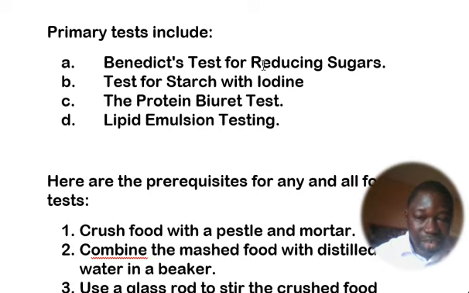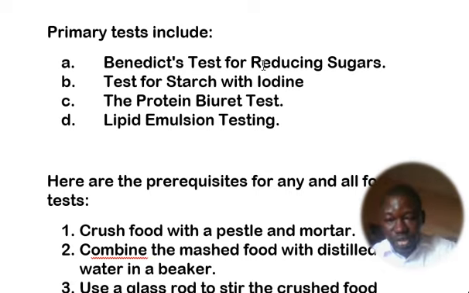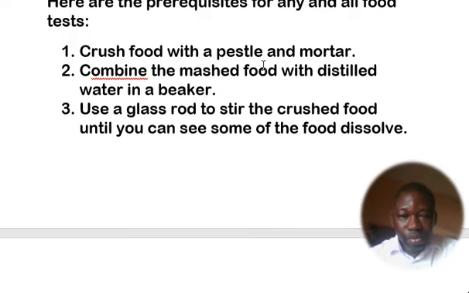Now, for any of these tests, there are certain things that you need to put in place. Number 1 is that you have to crush the food sample with a pestle and mortar. Then you combine the mashed food with distilled water in a beaker, just a little water.